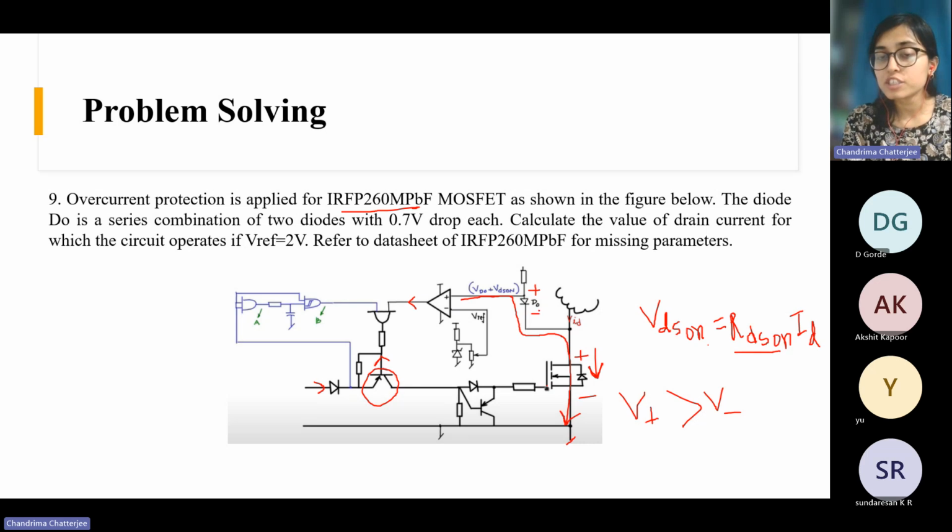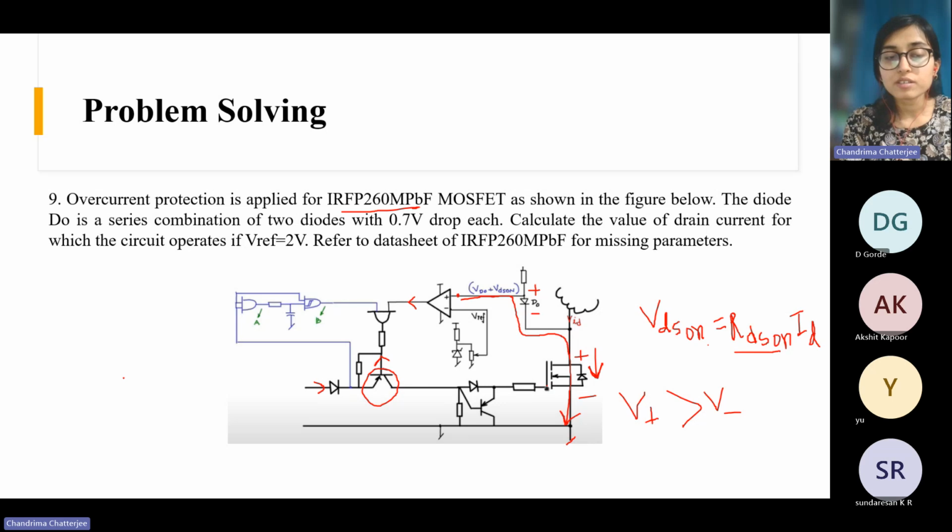This is the potential at this point, sorry, at this V plus terminal. And the potential of this point is basically the drop across the MOSFET, right? So when this potential becomes greater than this potential, then only the comparator is high.